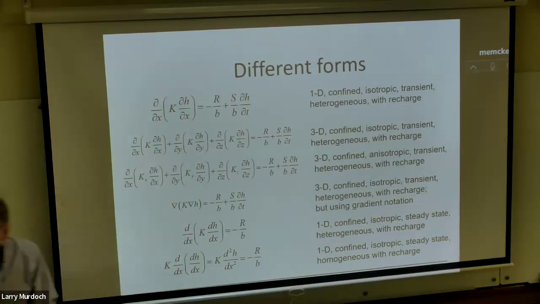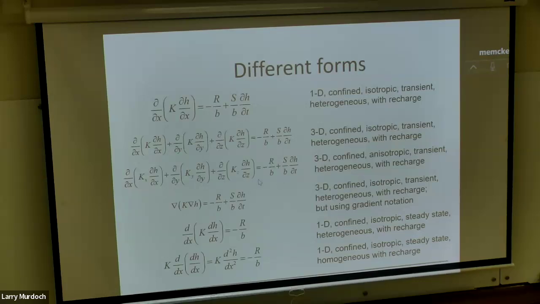And so what we're going to do is take a look at a problem, and based on the conditions of the problem, that's going to tell us what kind of form of this equation we can use. If we only have things varying in one dimension, then we use the 1D case. We don't need the full 3D case.